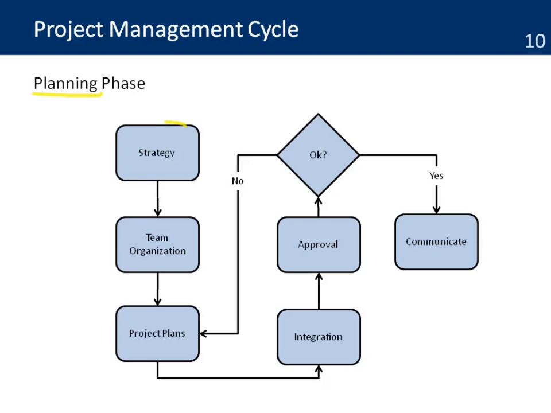The project manager then looks at the contract, looks at all the information, all the designs, and defines a strategy about how they're going to be implementing this project. There is work on organizing the team, making sure we have all the right people with all the right skills. And then the project manager and the team start developing all the project plans.